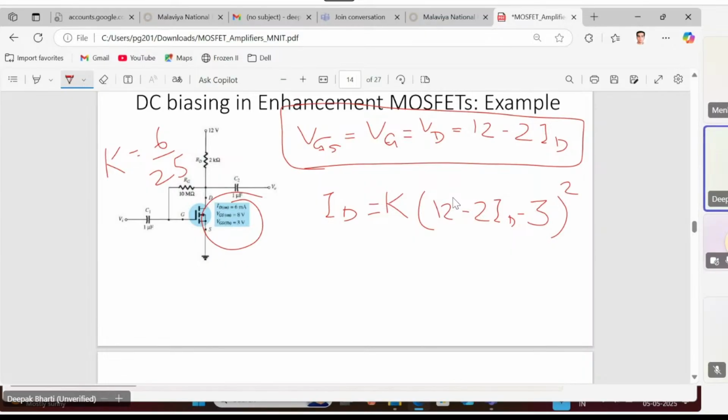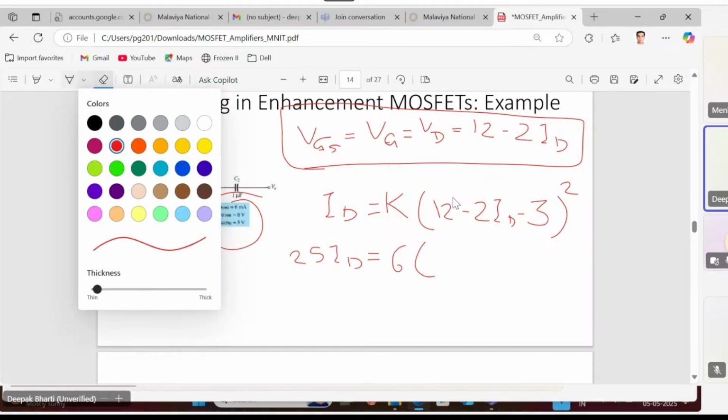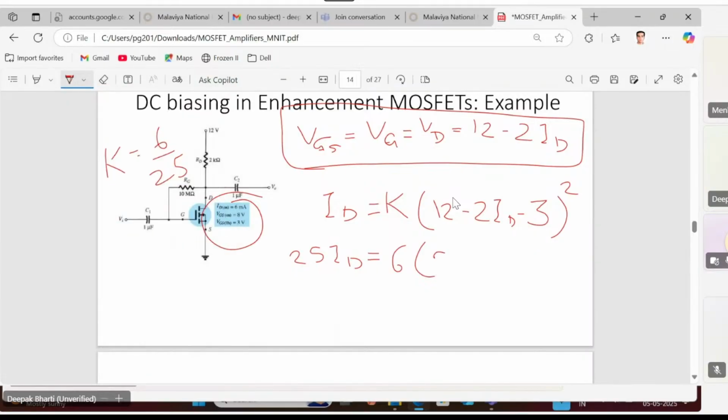So this becomes ID equals 6 by 25, times (12 minus, not 12, it is 9 minus 2 ID) squared. Again if you open the brackets and rearrange, it will become a proper quadratic equation.